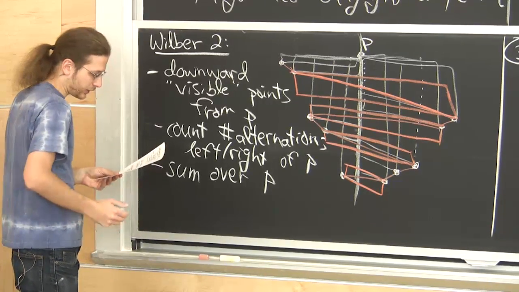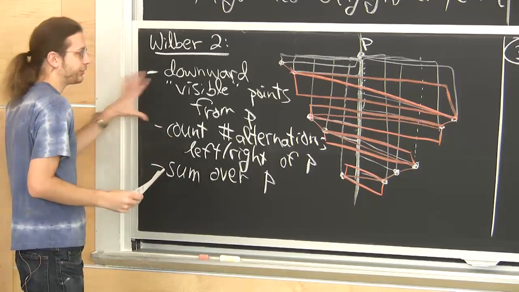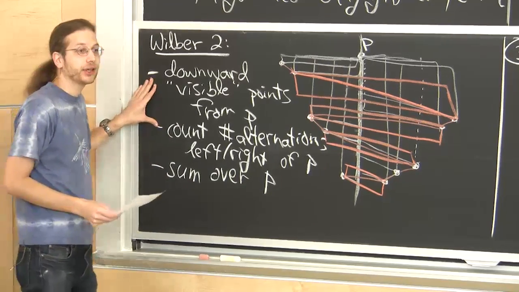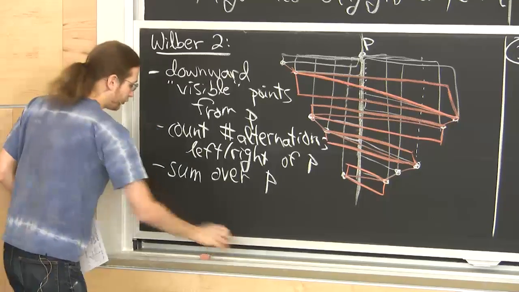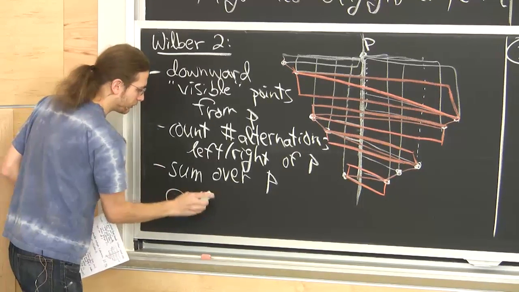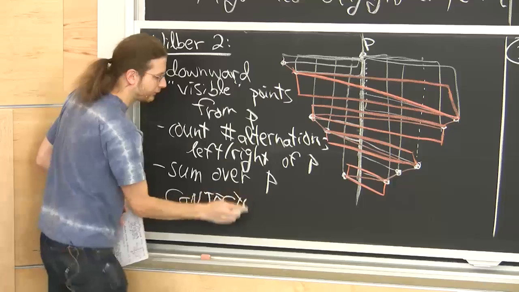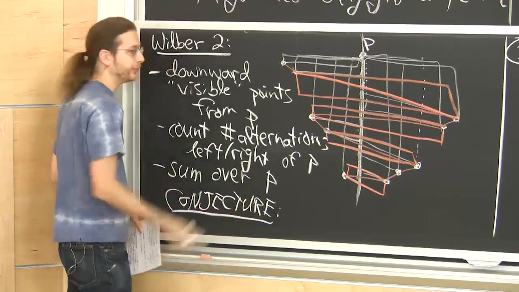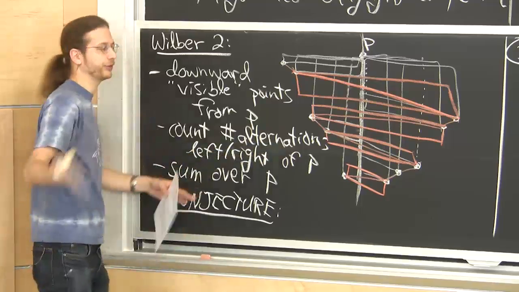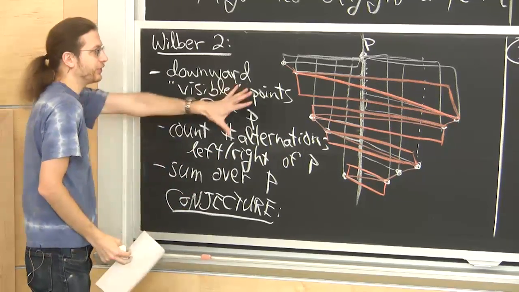Okay, so what? Wilber 2 is quite interesting. For a long time, we've conjectured that it is the right answer. So, conjecture. I know it's a weird lower bound to even think of. It's a very hard paper to read. Without the geometric view, it's even harder to imagine the definition of this bound.